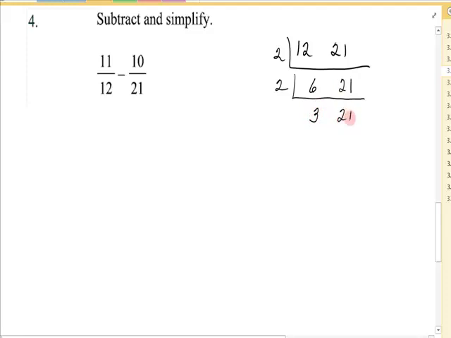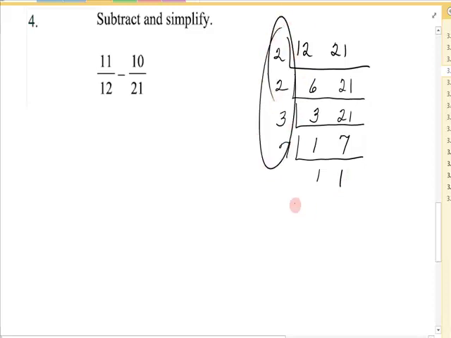It does not go into 21. 21 is not even. All right, 2 won't go into either one of them, but 3 will. 3 goes into 3 once. 3 goes into 21 7 times. Last one, I can see that I need to divide by 7. 7 goes into 7 once, and I'm done.